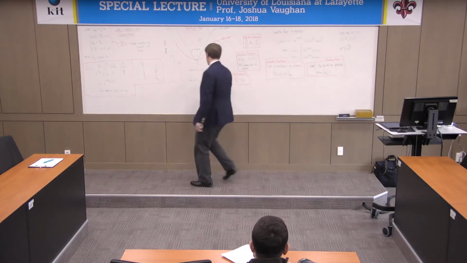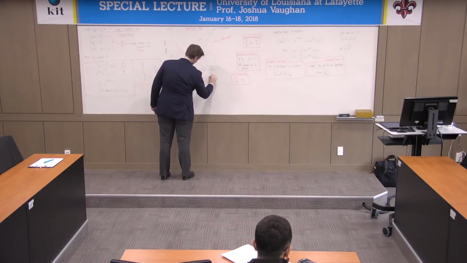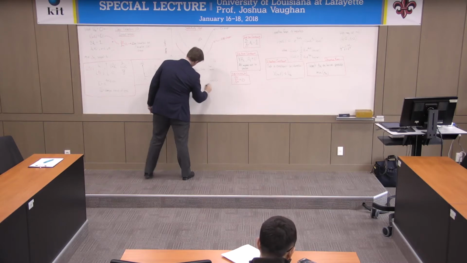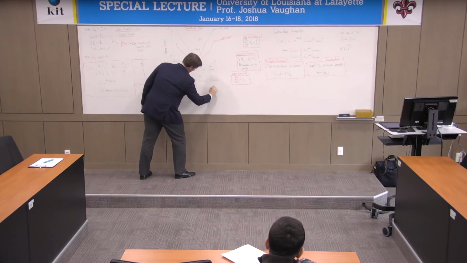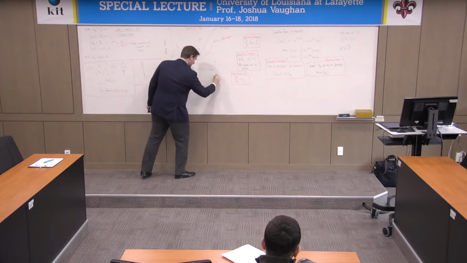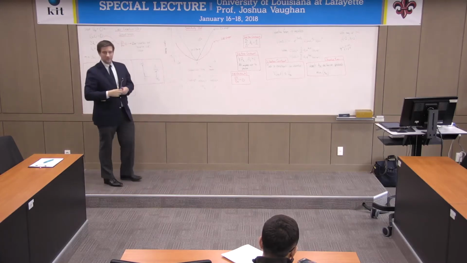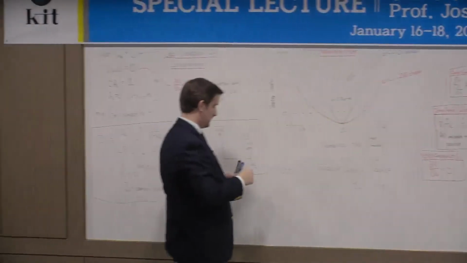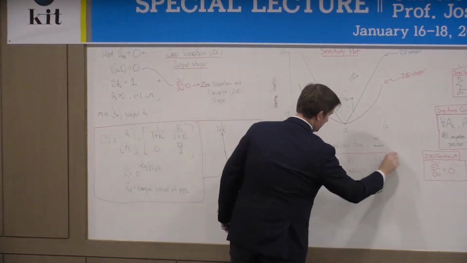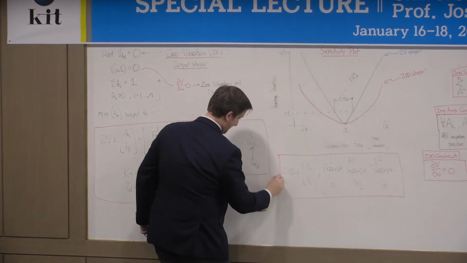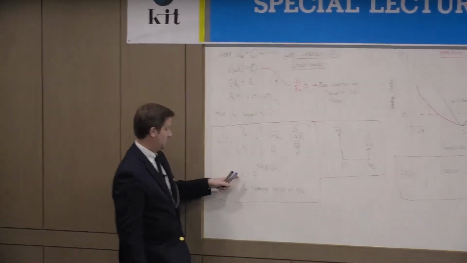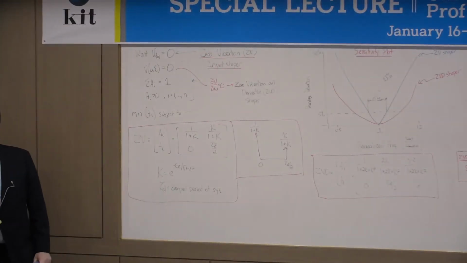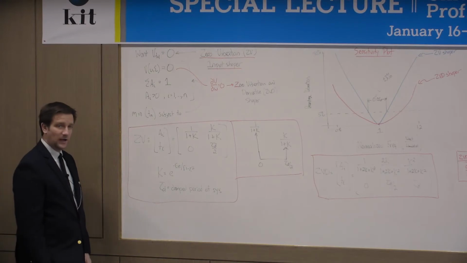That's 2. So there's our solution to the ZVD shaper. And we know this one in closed form too. And the K here is the same K we had over there. So that's our ZVD shaper.